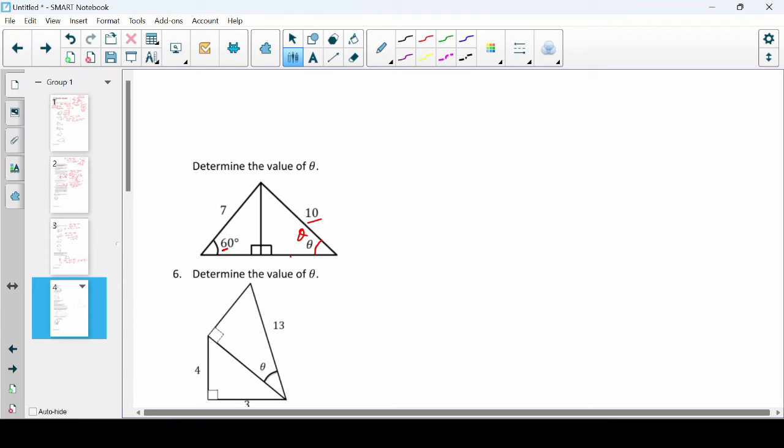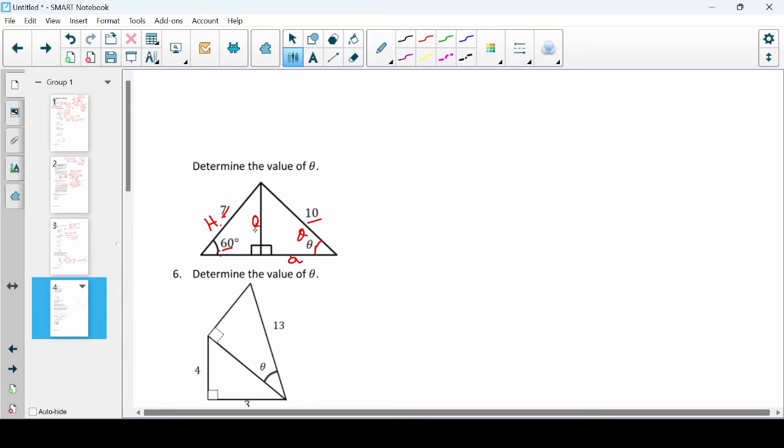So here if this is 60 and this is 7, we can find this one. First we name this O and this one is adjacent. So the O we can find with the help of this one. To find the O, this is again the opposite, so opposite and hypotenuse are given.